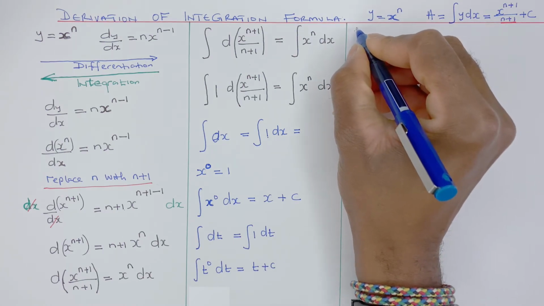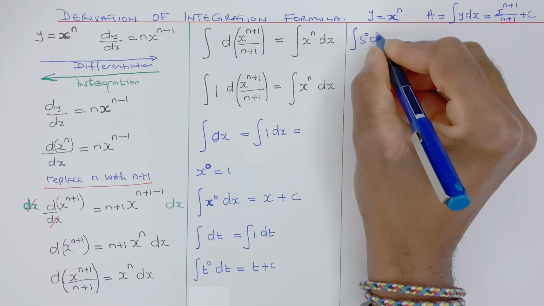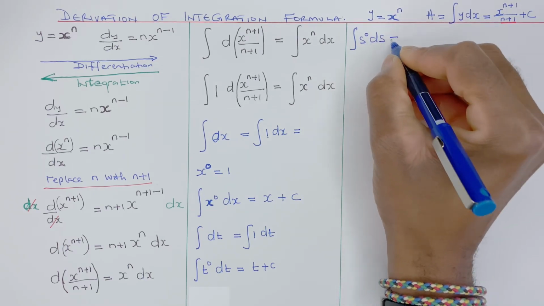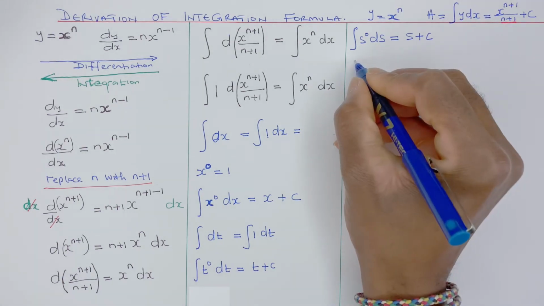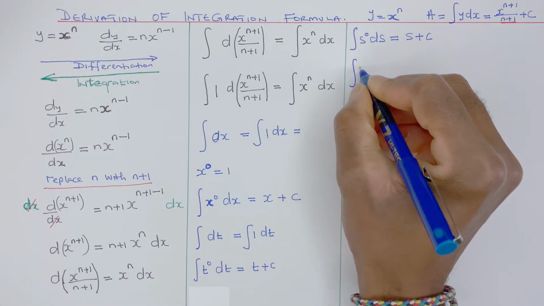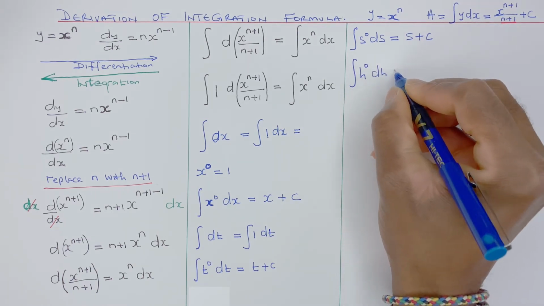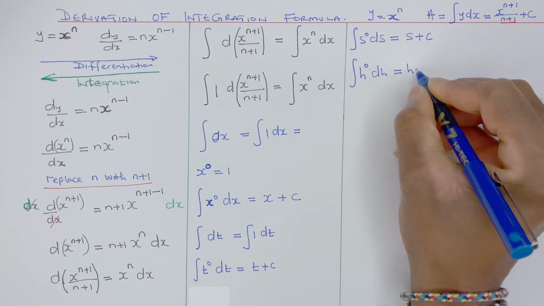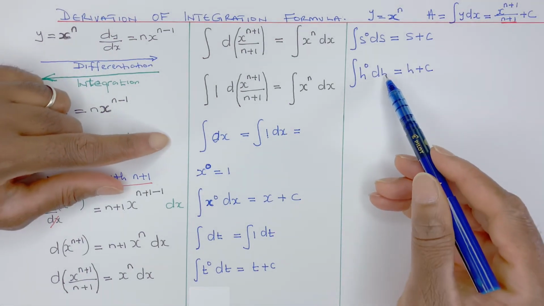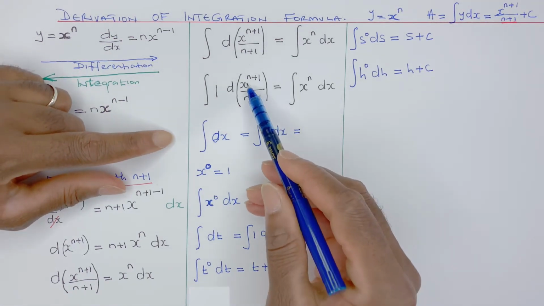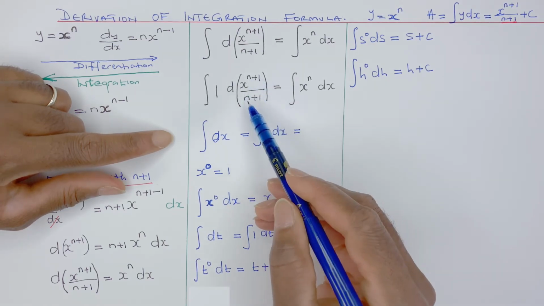Integrating s to the power 0 ds, that will be s plus constant c. Integrating h to the power of 0 dh, that will be h plus constant c. Well, my h here is x to the power of n plus 1 over n plus 1.